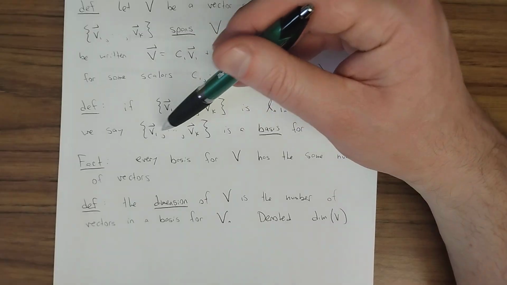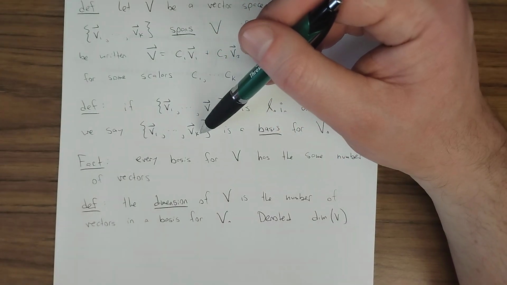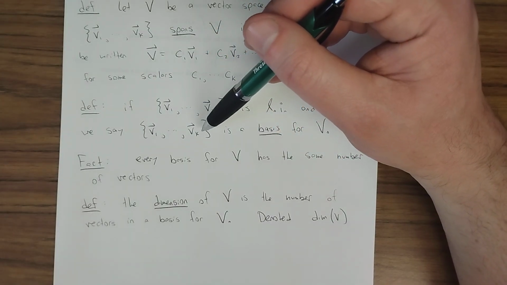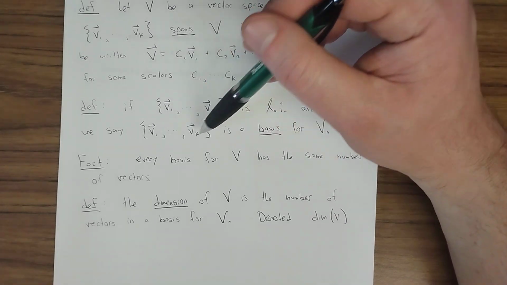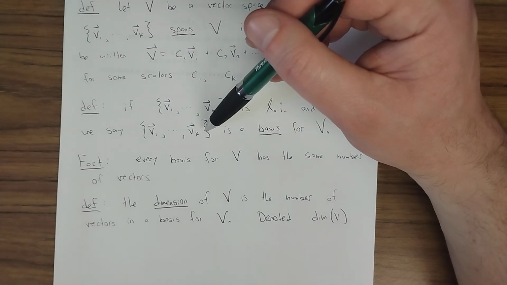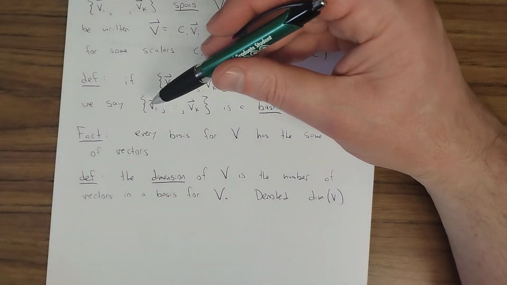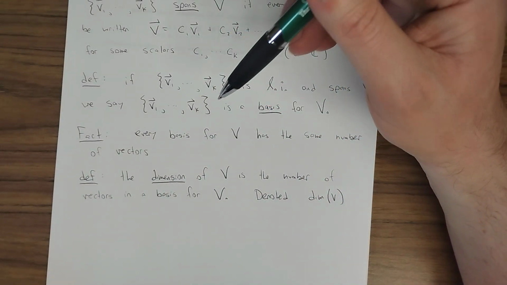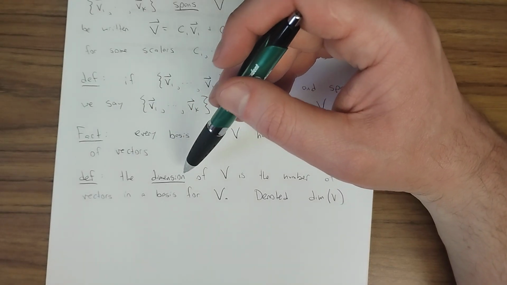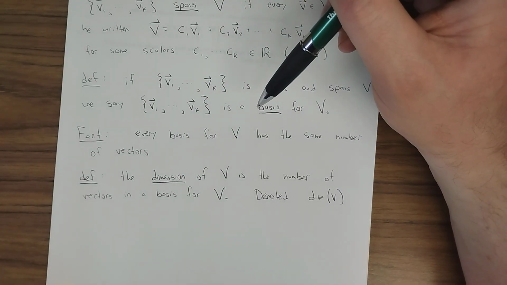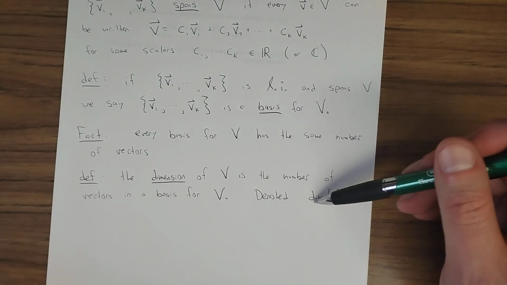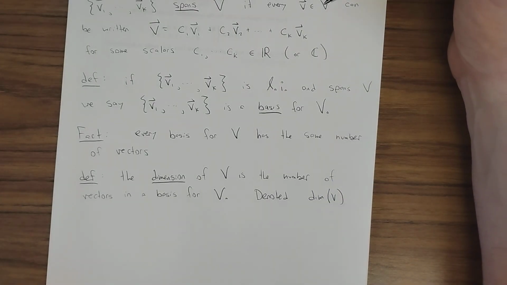So if I have a basis that has k vectors and you give me a different basis, the vectors might be different, but there's still going to be the same number k of them. That number, meaning the number of vectors in a basis, is called the dimension of my vector space, capital V. And I denote that dim of V.